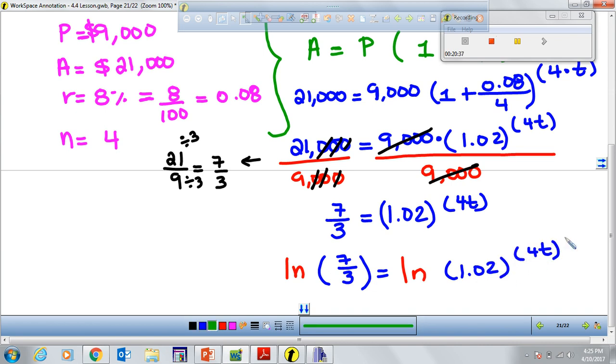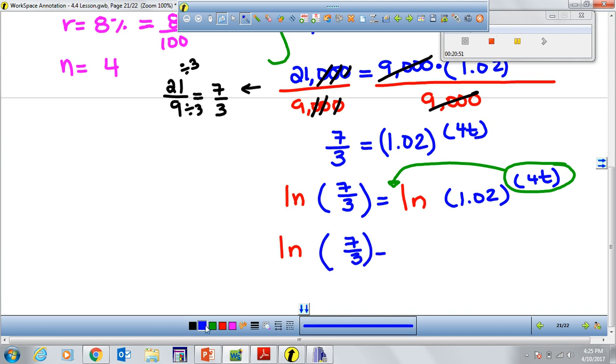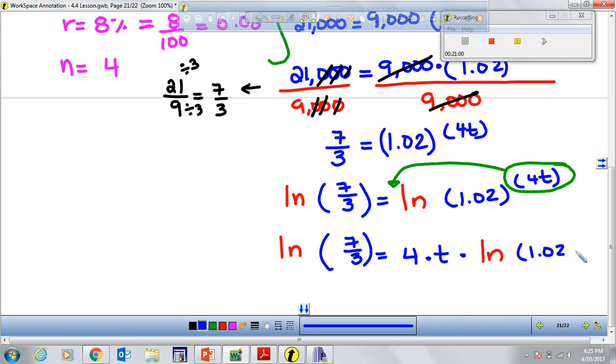And I put the natural log, remember, because that's the property that lets me bring the exponent to the front. That's the whole purpose of this. So I keep my 7/3 equals 4 times the time times the natural log of 1.02.